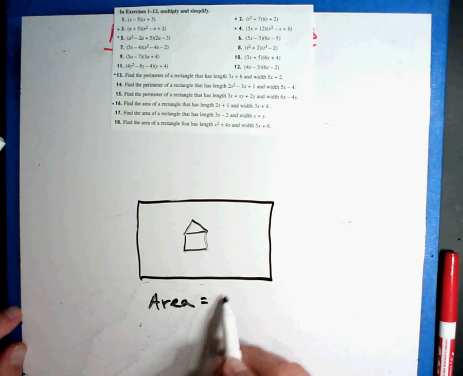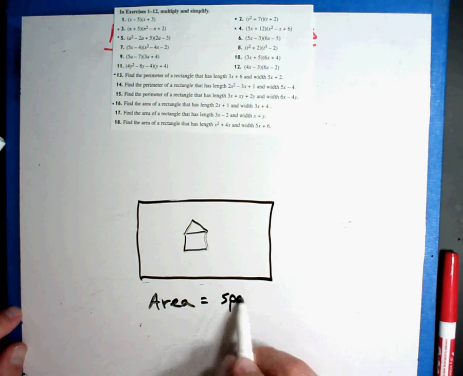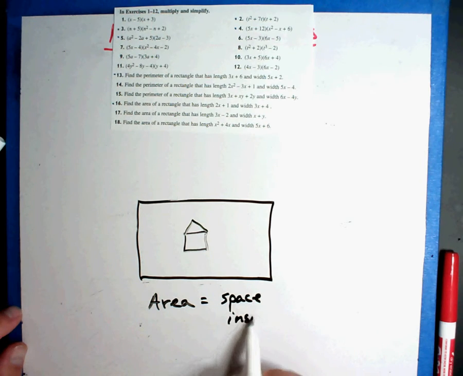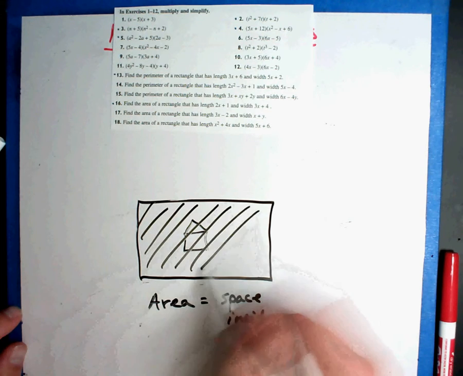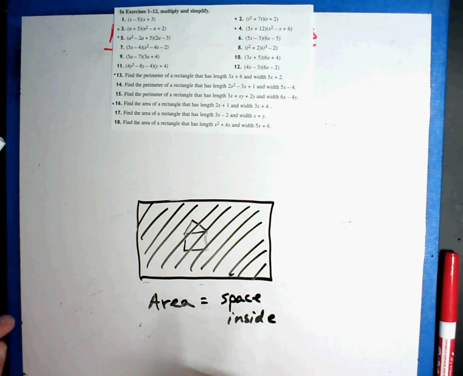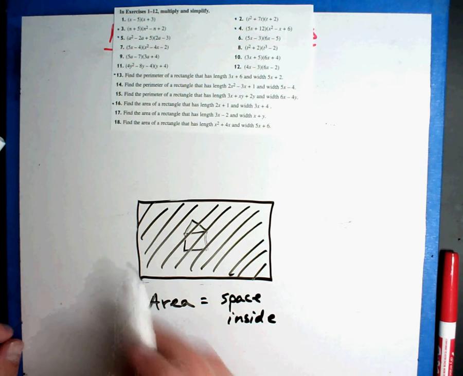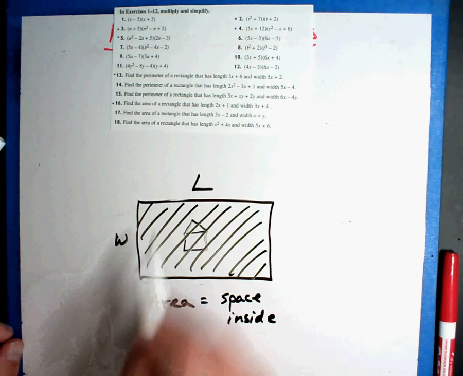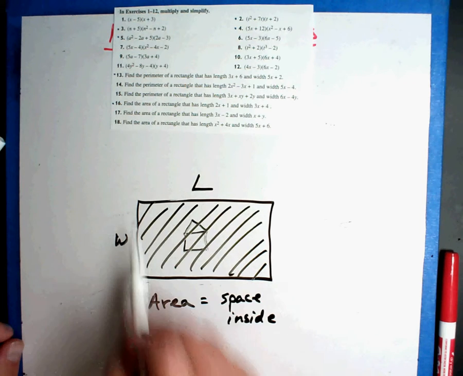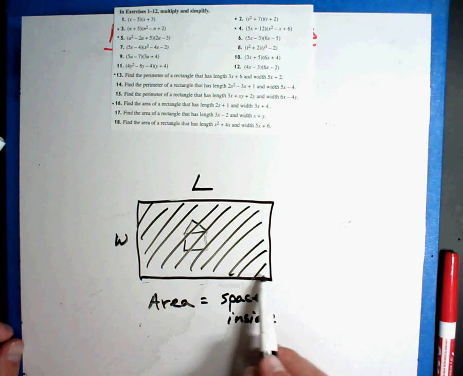The area is the space inside. And it's going to be all of this space. I need to know how much all that space is so that I can put grass in. And so to get that, for example, it's going to be length times width. When I multiply length times width, it will get me the area of this rectangle.